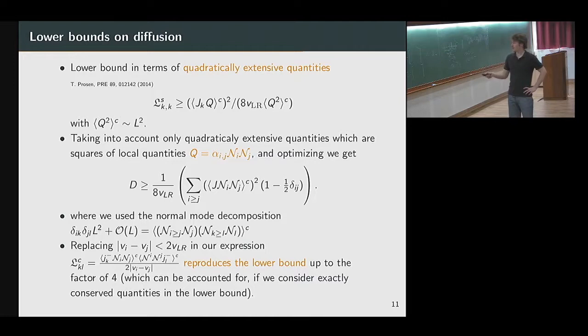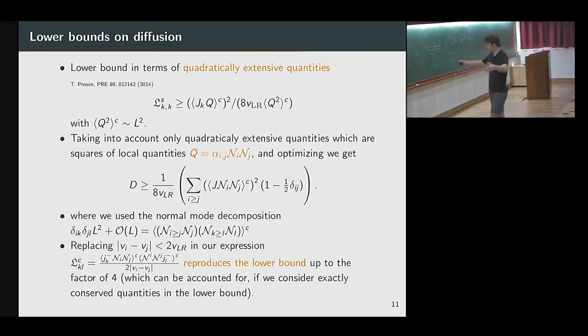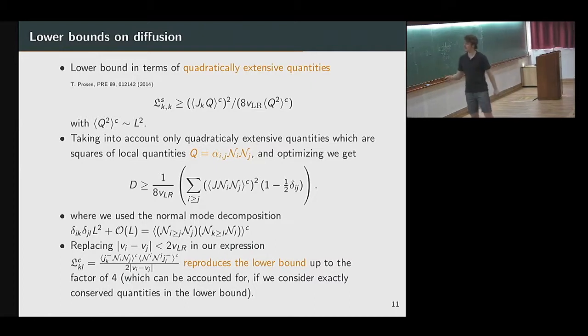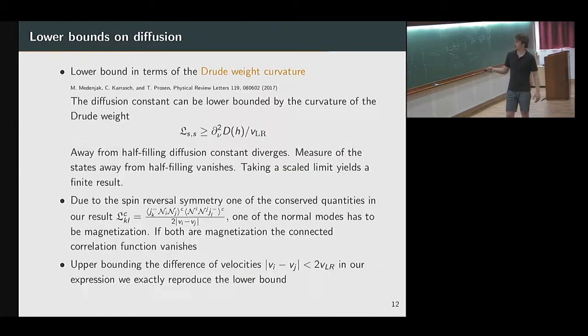So basically what you can see here is that this scales as L squared, but also our term here scales as L squared, and there is a square of this term here. And here we have the difference of some velocities, and actually we can reproduce the previous bound up to the factor 4 just by proving some property of normal modes and inserting an upper bound for the difference of velocities, which is given by the Lieb-Robinson velocity. So we can show that this is equivalent to this bound if we do this manipulation, up to the factor 4, which can be amended, because Tomaž was considering quantities which were conserved up to boundary contributions. There is another lower bound, which is a lower bound in terms of the Drude weight curvature.